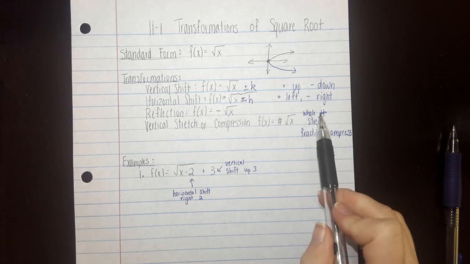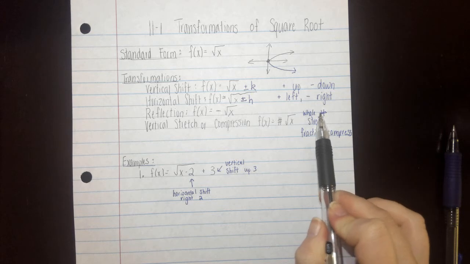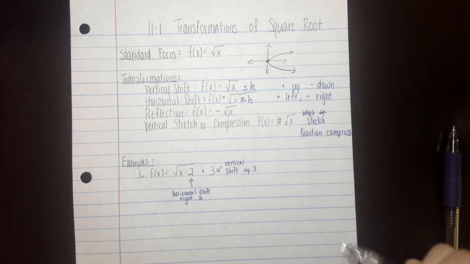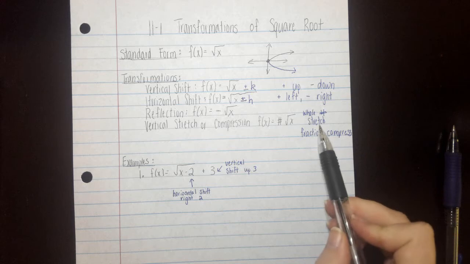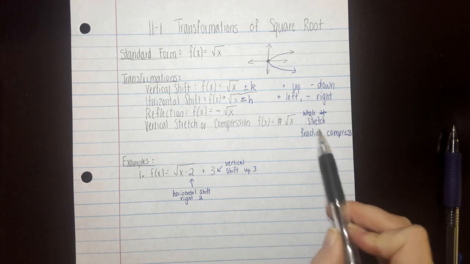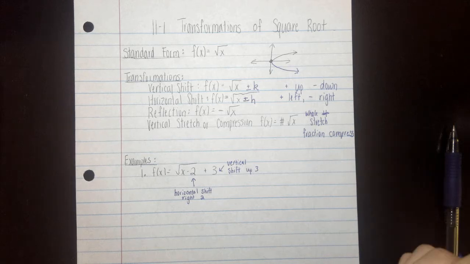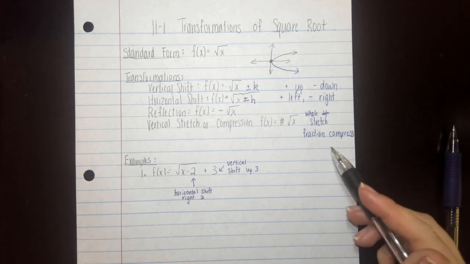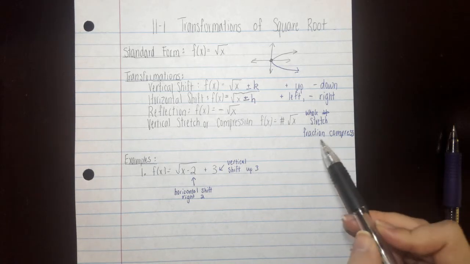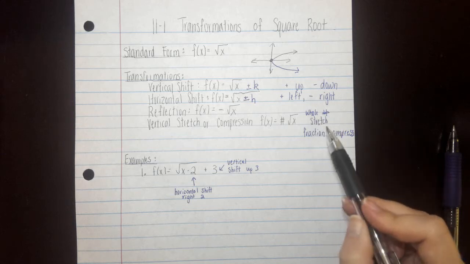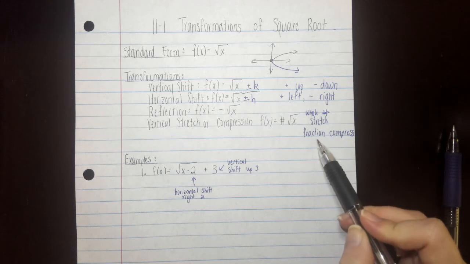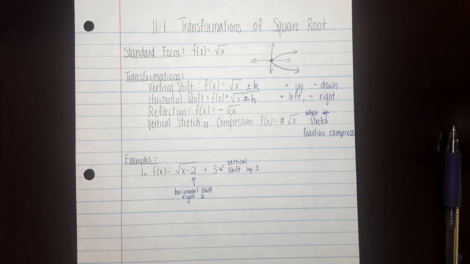If it's a whole number, like 1, 2, 3, 4, 5, etc., that's going to be a vertical stretch. If it's a fraction, something like 1/2, 1/3, 2/5, that's going to be a vertical compression. So whole numbers are a stretch, fractions are compressions.